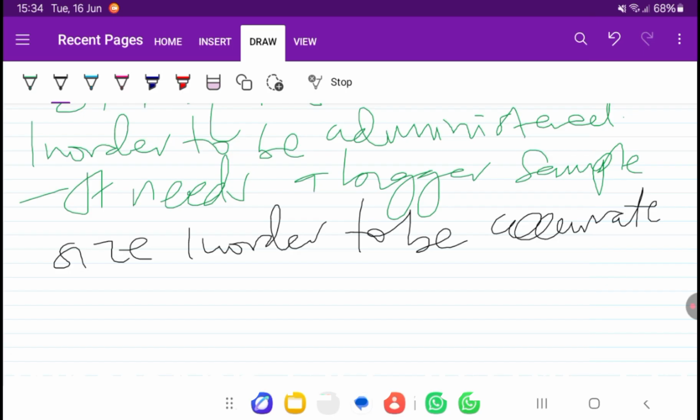Kawempe is so big. For correct information, you can pick 100 or 200 people in one division. So if there are 5 divisions, you are going to have maybe 500 people.